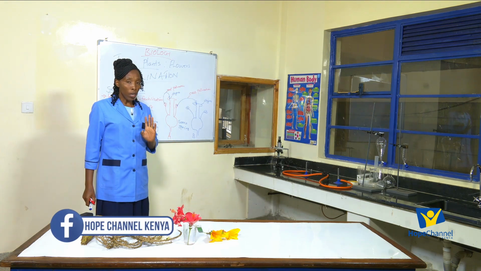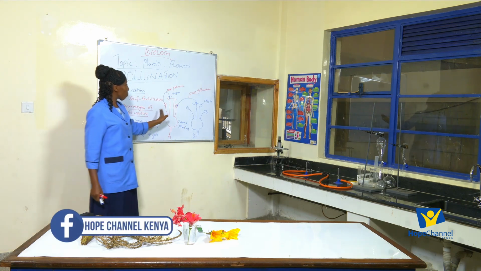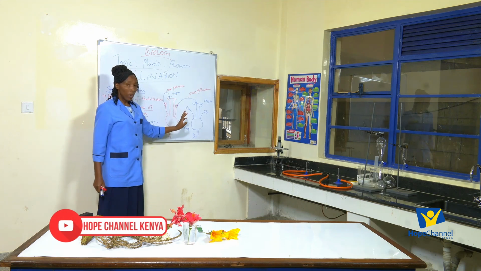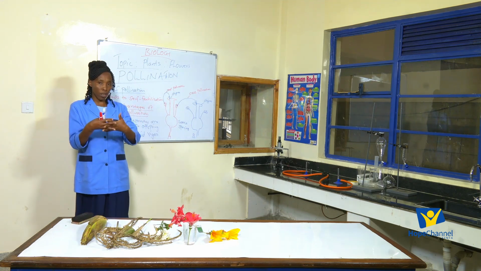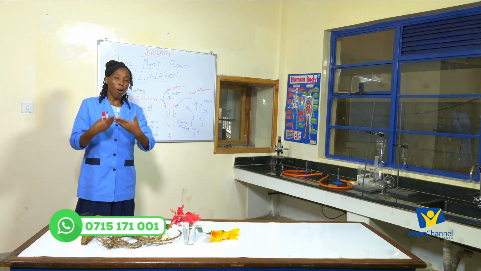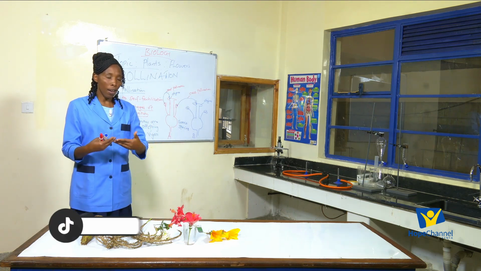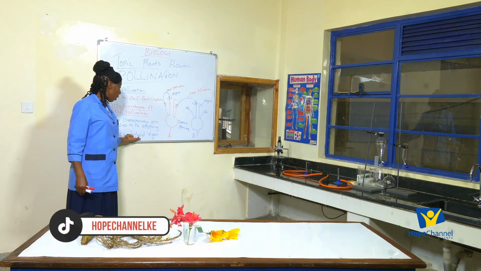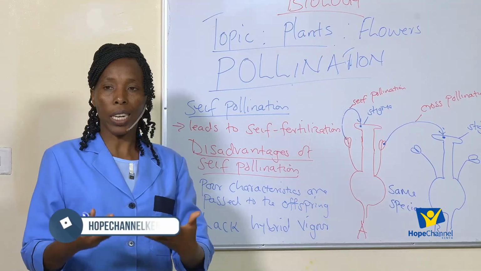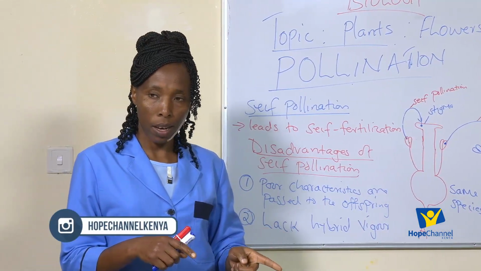Remember, when a plant has a high hybrid vigor, it means it can withstand harsh environmental conditions. Okay? We are saying when we have cross-pollination, number one, there's exchange of genes. So the offspring have a high hybrid vigor. So they have better characteristics than the parents.